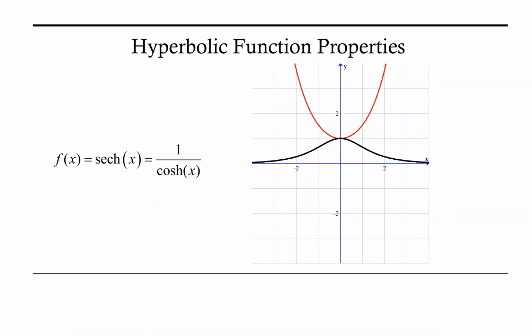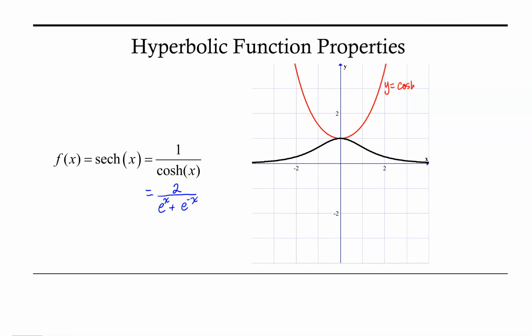Now let's look at the sech function. Recall that the sech function is the reciprocal of cosh, and if we were to write this in its exponential form, we would have 2 over e to the x plus e to the negative x. And sech, as we see here, is the reciprocal of the cosh function.